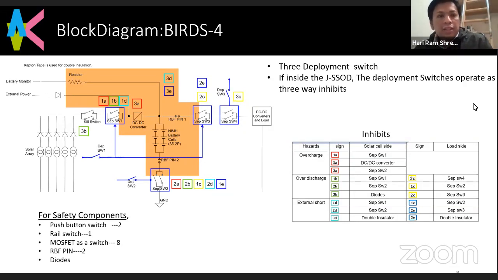So we can see here BIRDS-4 has 3 physical switches: 2 are electrical switches and 1 is a mechanical switch. For deployment, we can see here deployment switch 1 and deployment switch 2, and deployment switch 3 is the physical switch, which controls the line when the CubeSat goes through payload deployment.